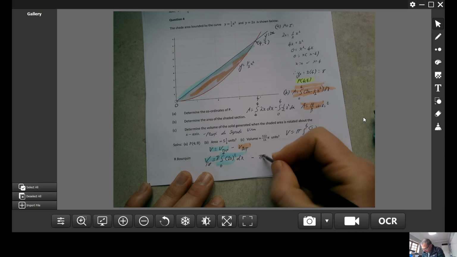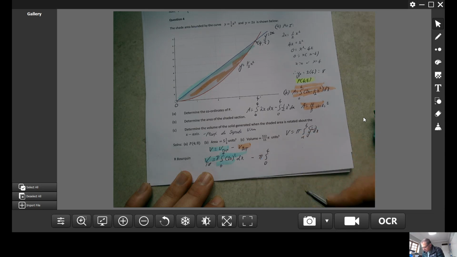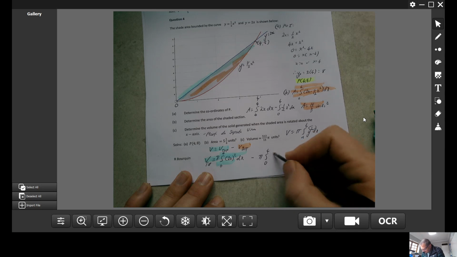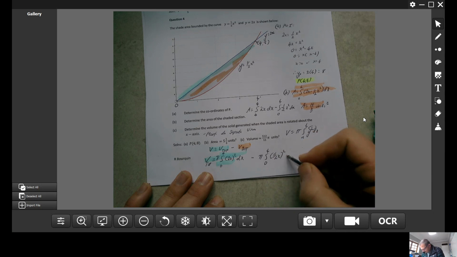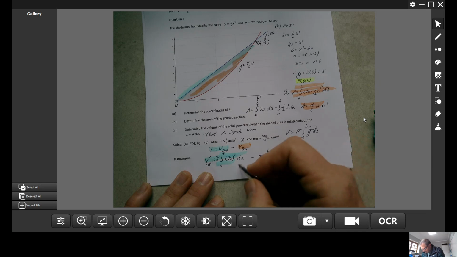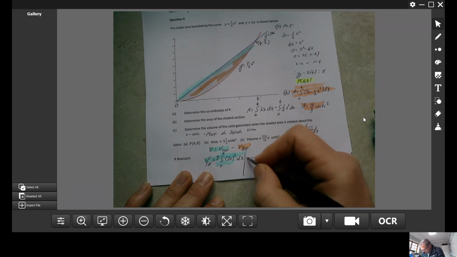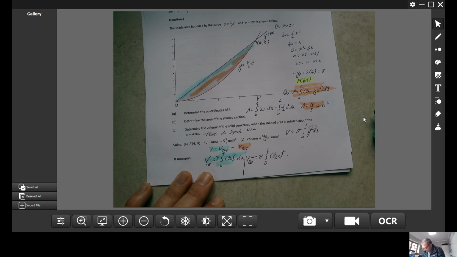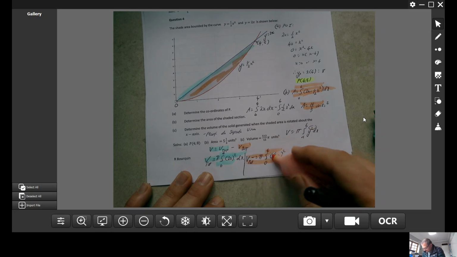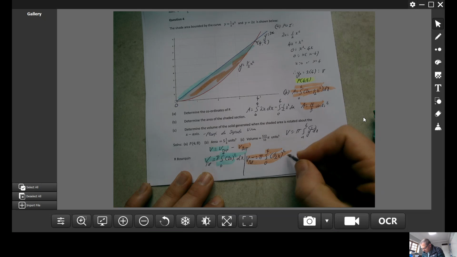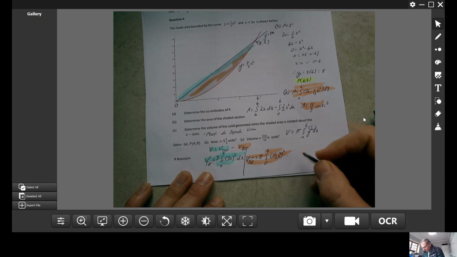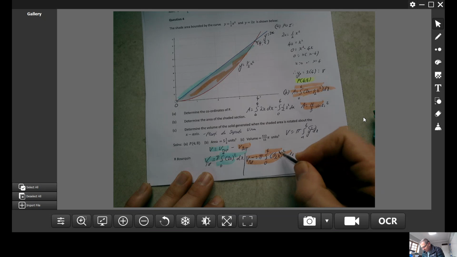So it's minus pi integral between 0 and 4. The bottom function is a half x squared. Sorry, we're doing it separately. So the volume of the bottom function is equal to that, a half x squared all squared, with respect to x.